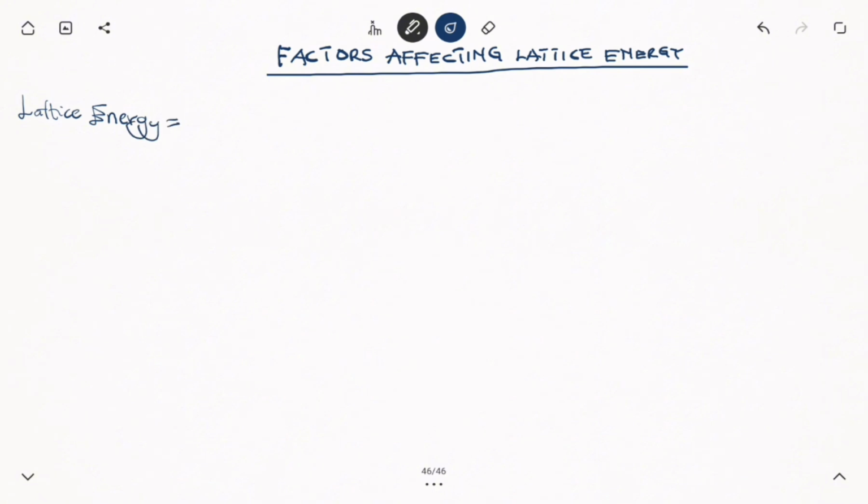is simply expressed as K Q1 Q2 divided by R squared. So you come across this in your physics lesson. So the Q1 and Q2 there correspond to the charge of the ions that you have in the ionic compound, and then the R stands for the distance between the centers.